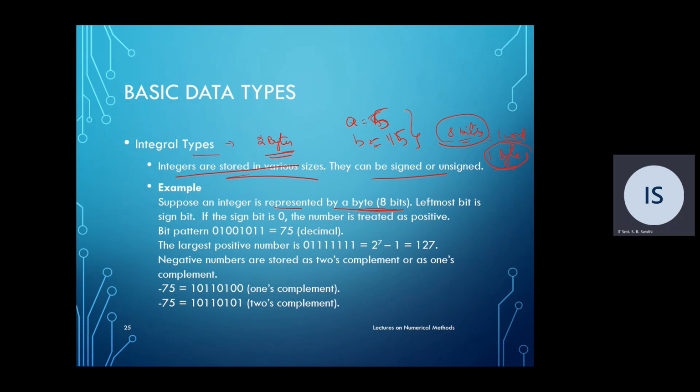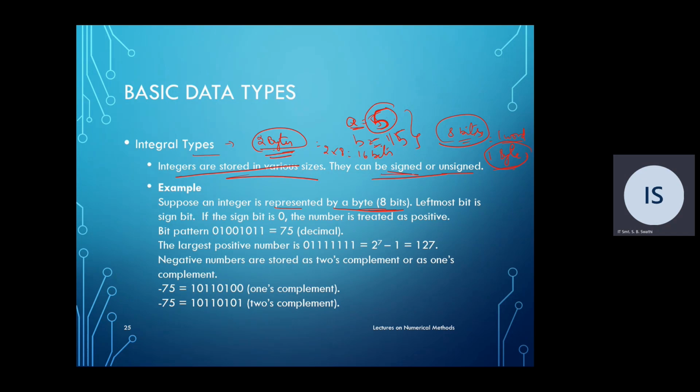And whenever you give some integer value to a variable, a equal to 5, to store this 5 under a, it takes 2 bytes. That is 2 into 8, 16 bits are taken. And here you can declare positive integers and negative integers, which are called unsigned or signed.